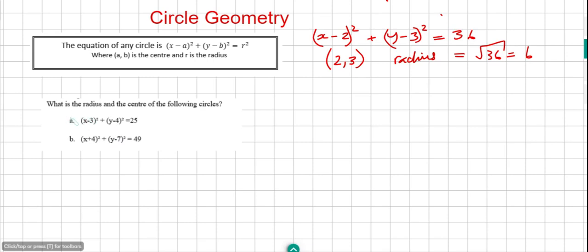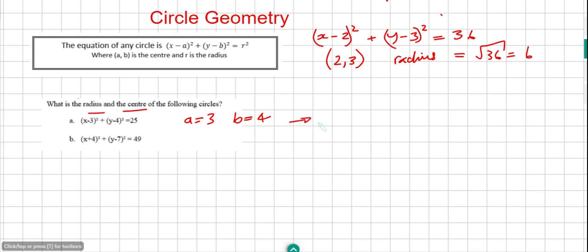So I'm going to look at these two questions. We've got to find the radius and center of the following circles. All we need to do is relate them to the equation at the top. We need to work out the value of a. We can see the value of a here is 3, and the value of b is 4.